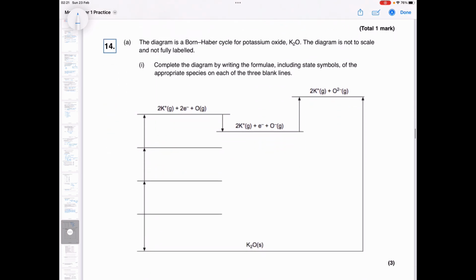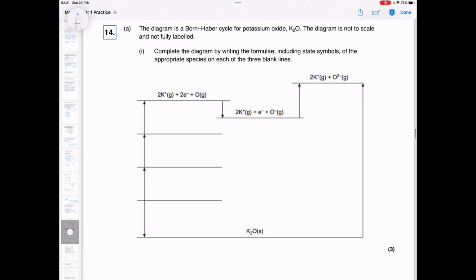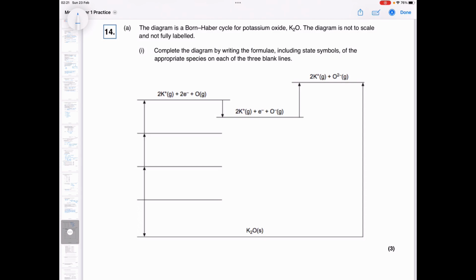So in this next question now, we're looking at a Born-Haber cycle for potassium oxide K2O. And we are firstly asked to complete the diagram by writing the formula, including state symbols of the appropriate species on each of the 3 blank lines.